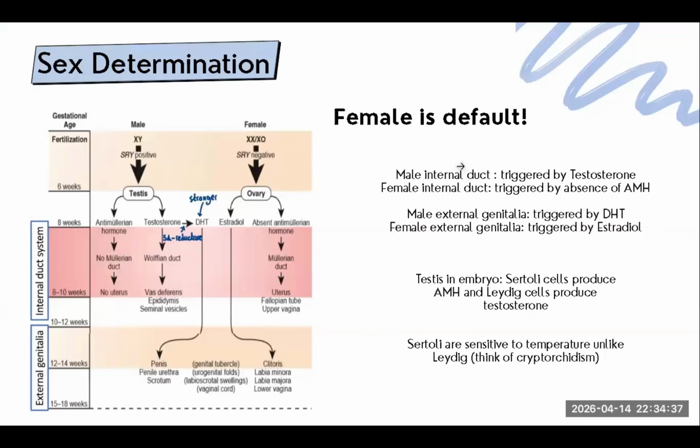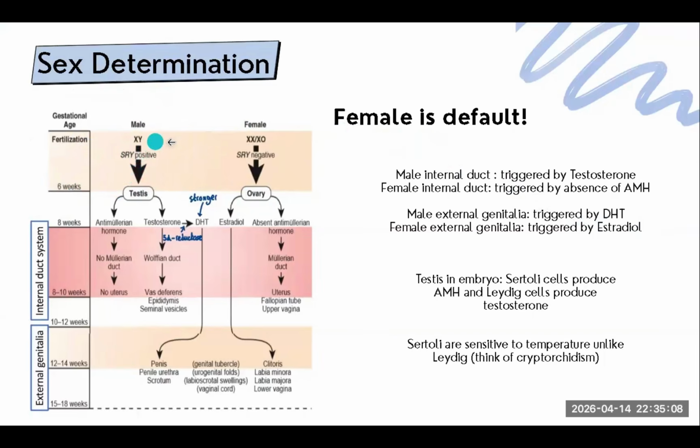So the most important thing that I want you to remember is that female is default. Now let's start with the sex determination process. Before 6 weeks, we cannot tell the gender of the fetus physically. However, after 6 weeks, we can because the gonads develop into either a testis or an ovary. The process by which the gonad develops into a testis is through the SRY gene.